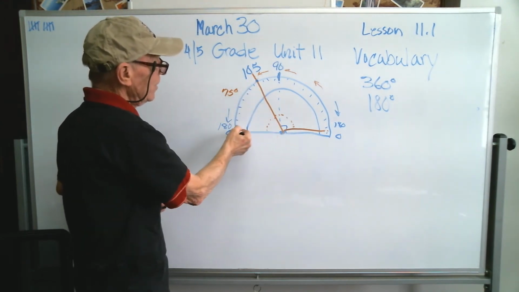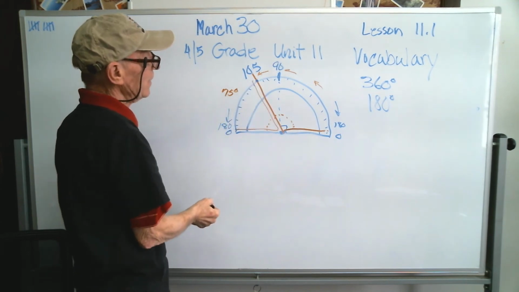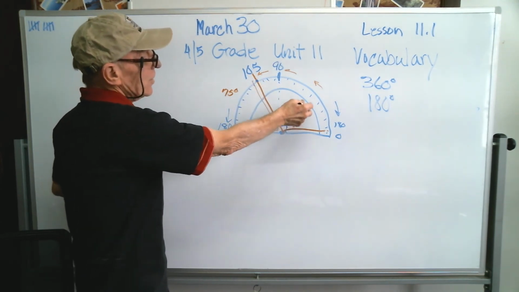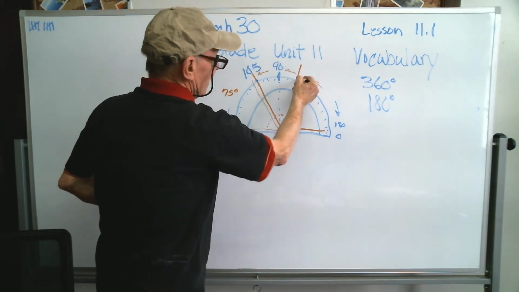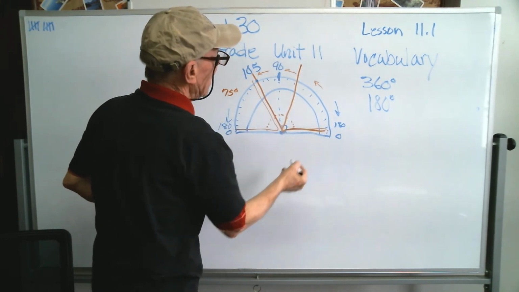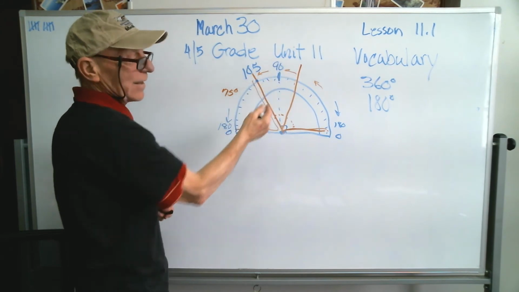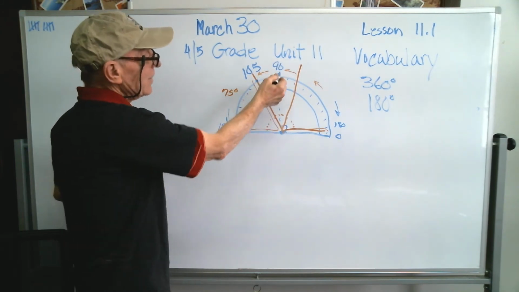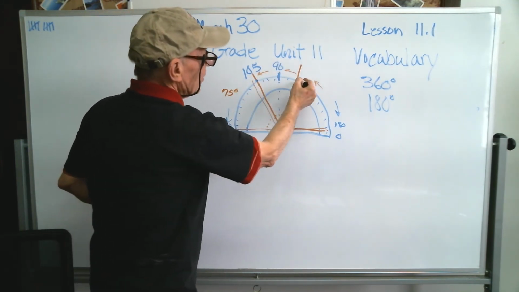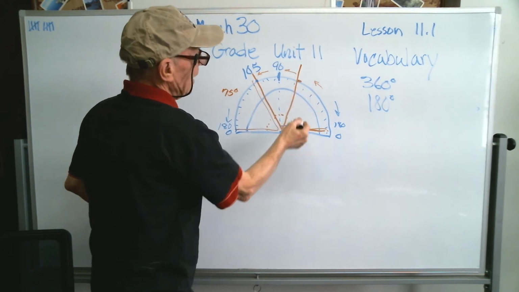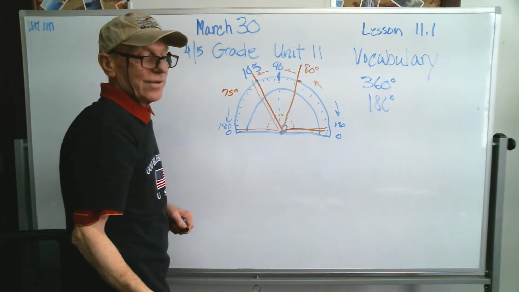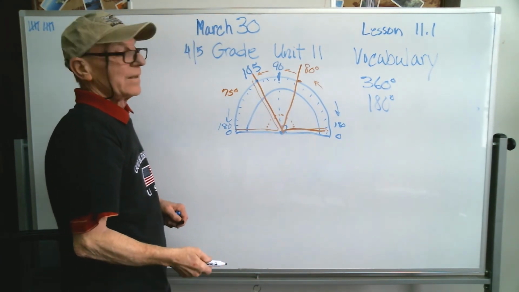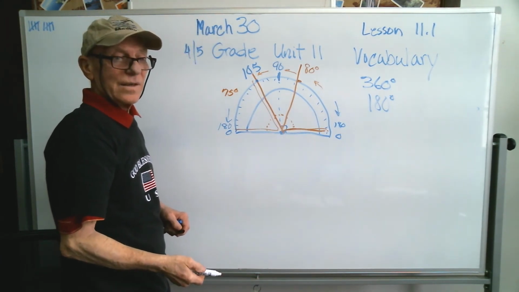So this section of it is 75 degrees. This section is 105. If the angle that we're asking you to find is like that, less than 90 degrees, then you look on your scale again and you see that this one is 80 degrees. Got it?